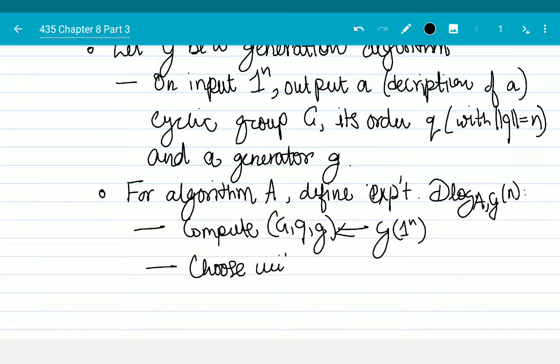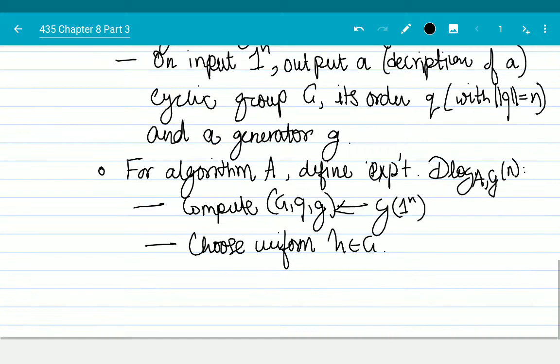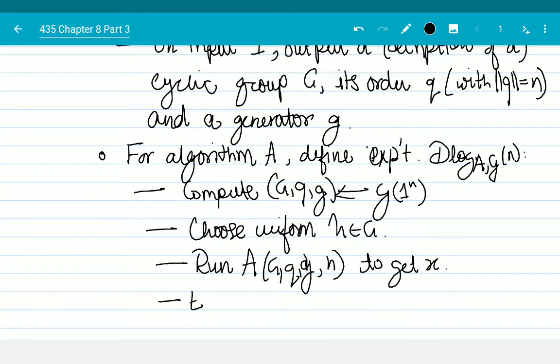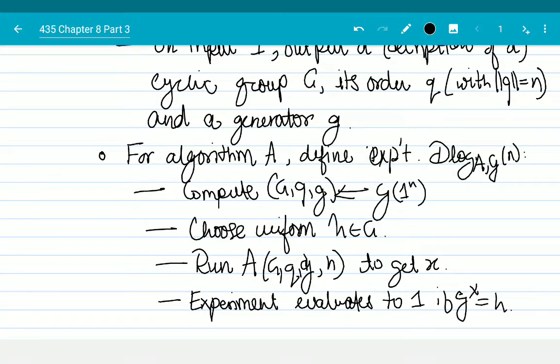Choose uniform h belonging to G. Run A on G, q, g, h to get x. The experiment evaluates to 1 if g to the x is equal to h, right?